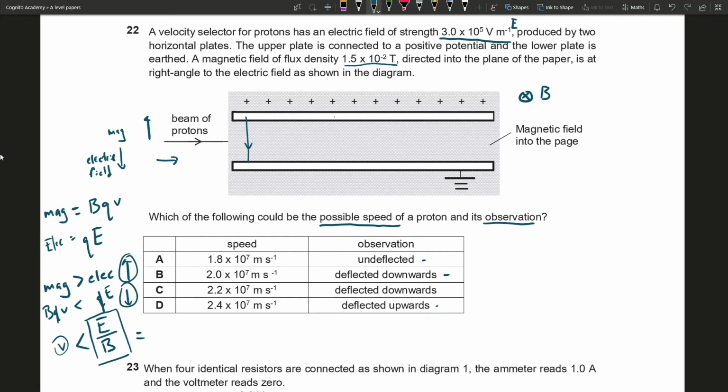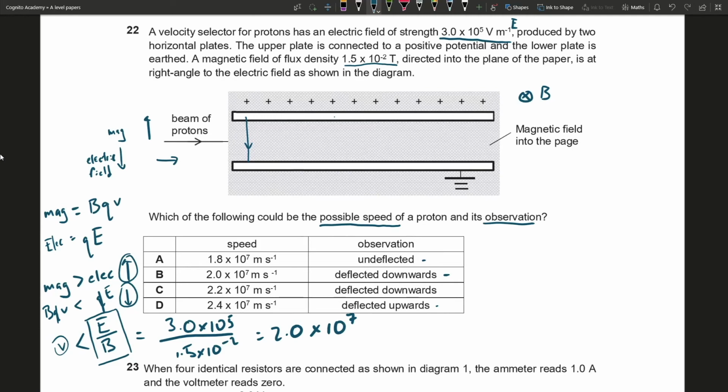Calculating this, we have 3.0 times 10 to the power of 5 over 1.5 times 10 to the power of minus 2. That gives us 2.0 times 10 to the power of 7. So recall, anything greater than this will deflect upwards, anything less will deflect downwards, and equal to this will be undeflected.